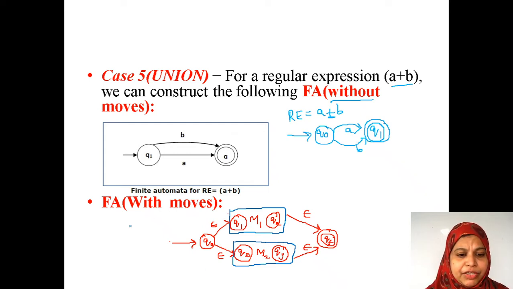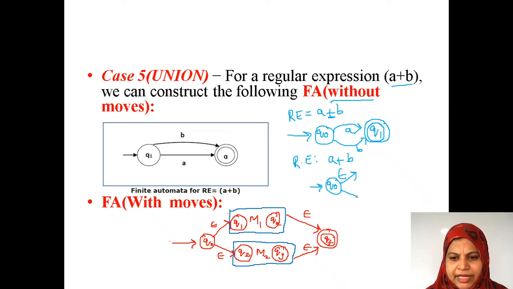If we take finite automata with epsilon moves, first Q naught, then epsilon, Q1, Q2, then M, Q3, Q4, some x, then epsilon. For the same regular expression A plus B, how am I going to write it? First Q naught, then epsilon, here also epsilon, here also epsilon.